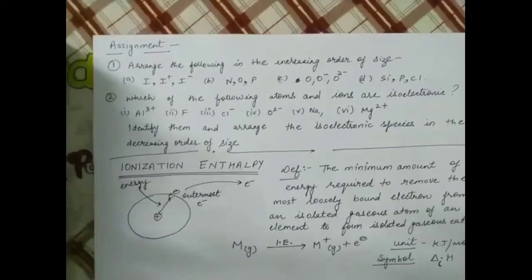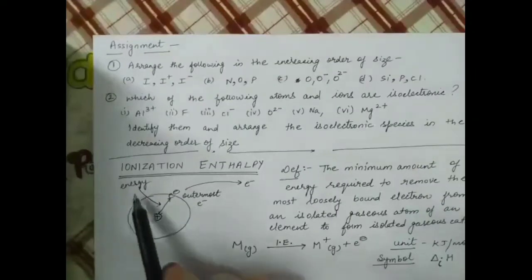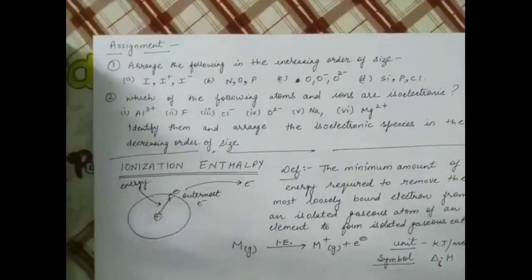So what is basically ionization enthalpy? The energy which you are supplying to the atom so that the outermost electron is lost. Greater is the force of attraction between nucleus and electron, more energy you have to supply.